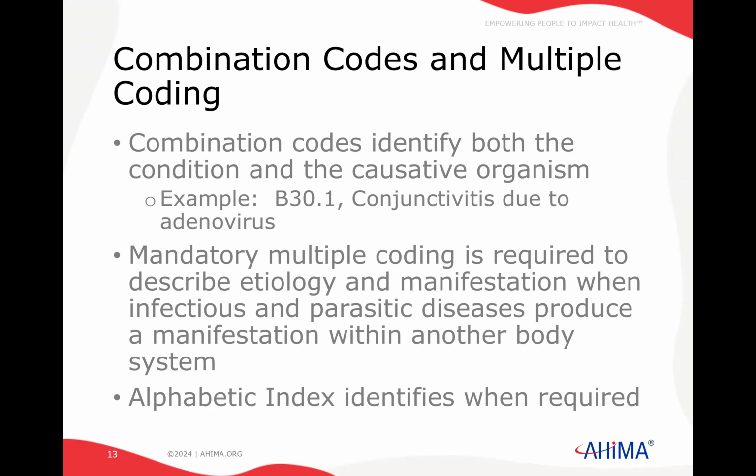In this case, this is the code that we would use. We would do multiple coding to describe the etiology and the manifestation when directed to do so. And while the alphabetic index may give us the code, we need to validate in the tabular to make sure we're capturing the correct code.